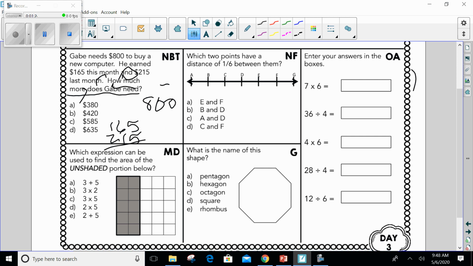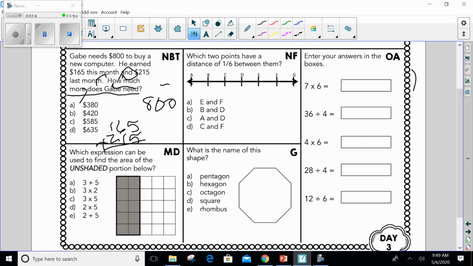What are we going to have to do to figure out how much money he has now? Well, look at that word and. That and means we are going to add. When you have and in a word problem, look hard at that because it's combining something. You're adding something. So let's add these together.